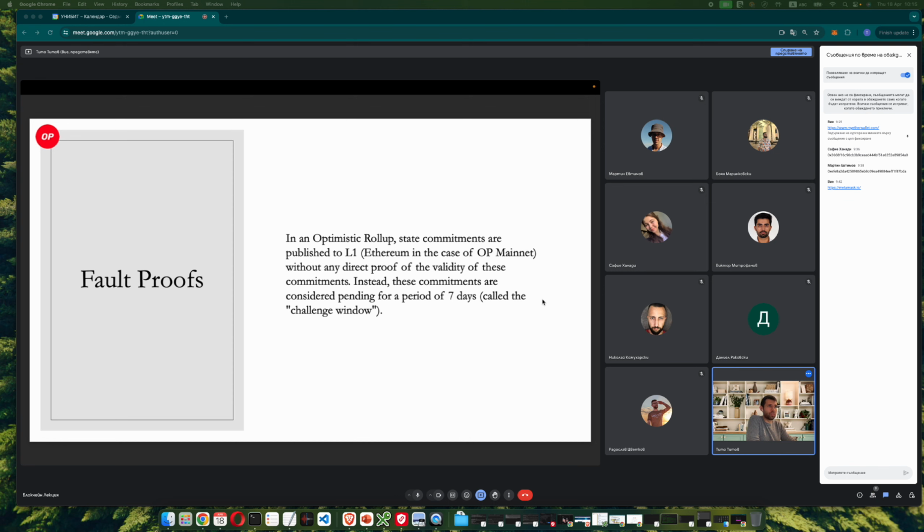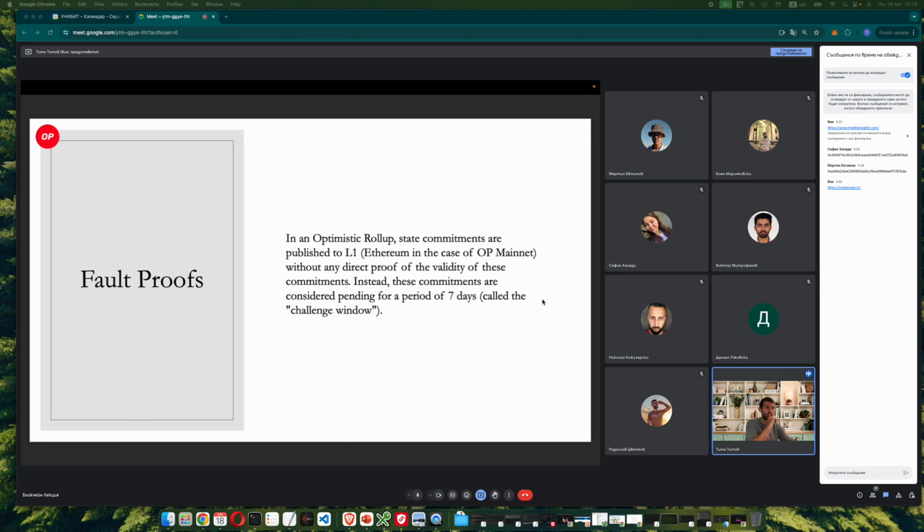Fault proofs. This is an optimistic rollup: state commitments are published on layer 1, in this case on Ethereum, and without any direct proof, the transactions are accepted. But after that, there is a challenge window.